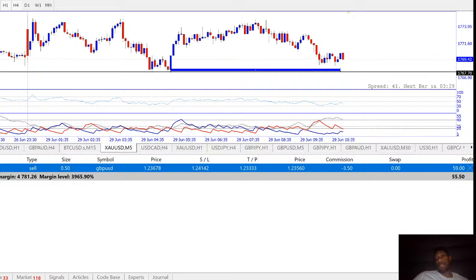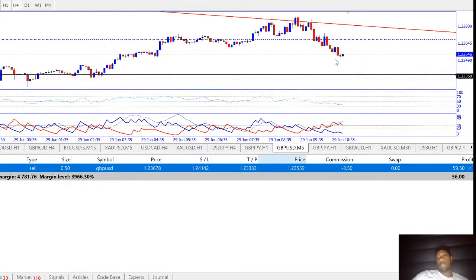But since the market, what's it called? Let me go to the GBPUSD. Because right now the market likes to retrace and stuff. So if the market comes back up, then you're gonna have 0.70 potentially killing your account, then the 0.25 or 0.10, and then it could drop back down.